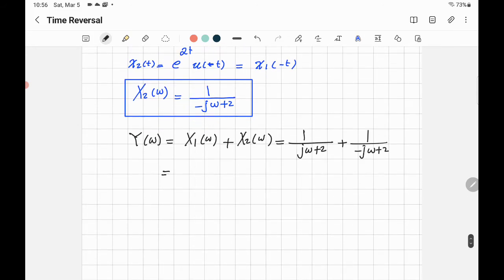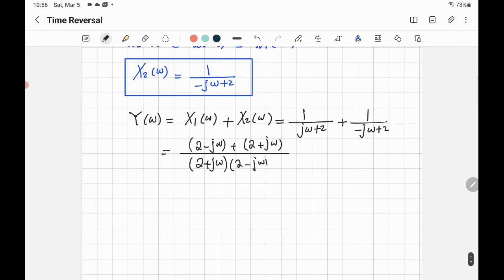And you can simplify it by having a common denominator, which is 2 plus j omega times 2 minus j omega. When you do that, you multiply the top and bottom of the first term by 2 minus j omega, and you multiply the top and bottom of the second term by 2 plus j omega. So you'll have in the top 2 minus j omega plus 2 plus j omega, and now we have a common denominator.